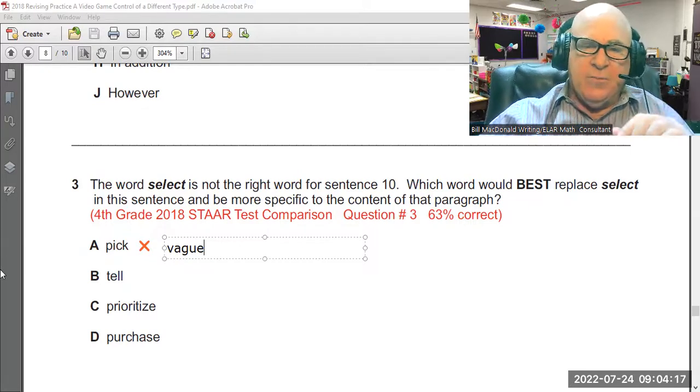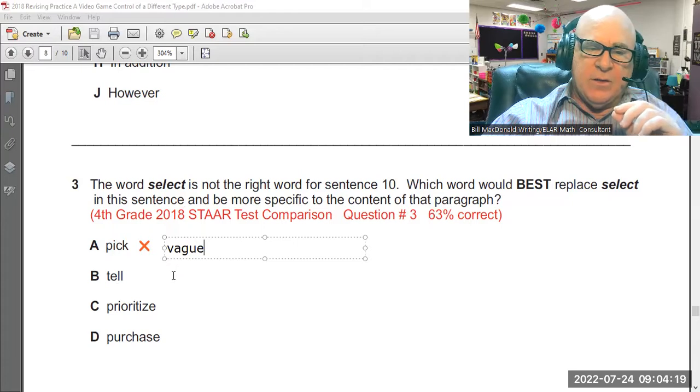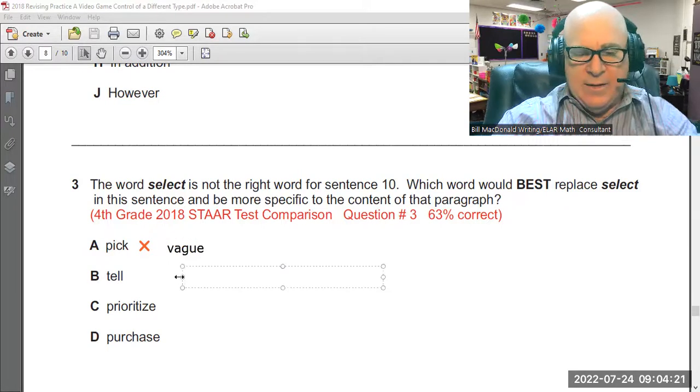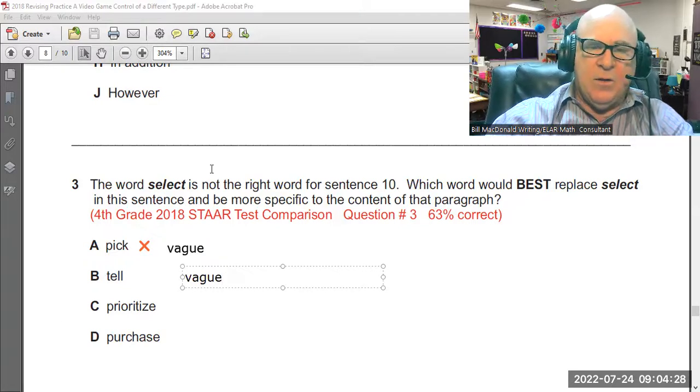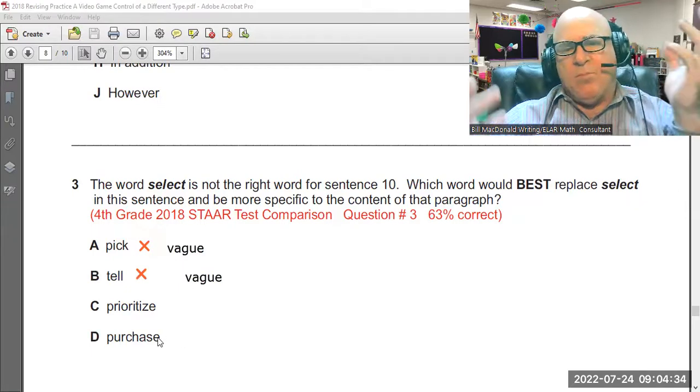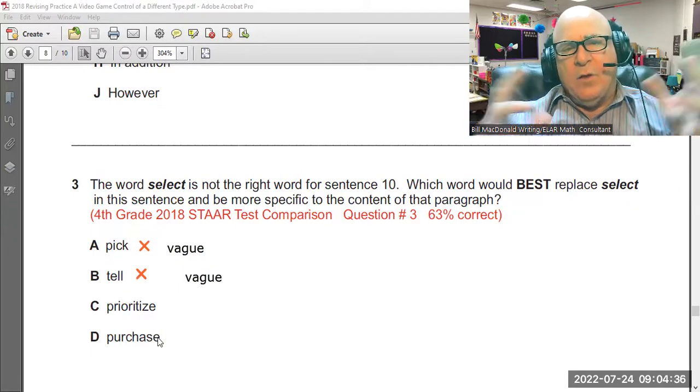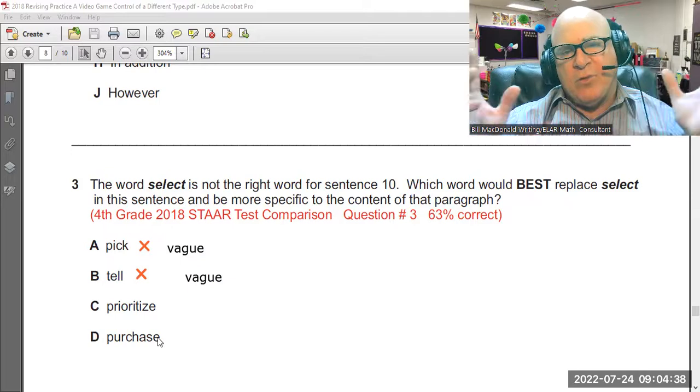For the very same reasons that letter A is too vague, letter B would be too vague too, so it would make the most sense to eliminate it. When I prioritize, the root word of prioritize is priority.